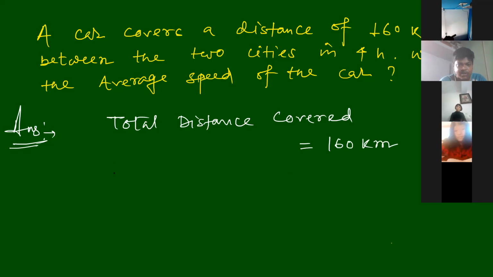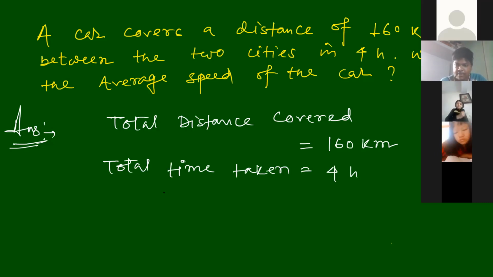What is the total time taken? Total time taken is 4 hours, right? In this question, the things are given. At first, we have to write them down. Then we can solve. Here 160 kilometer is the total distance covered and the time taken is 4 hours. This is the time taken to cover a distance of 160 kilometer.